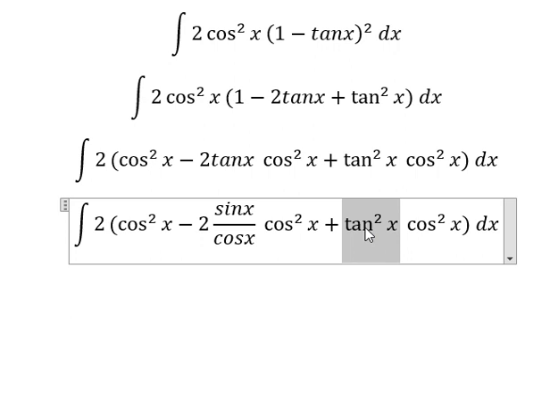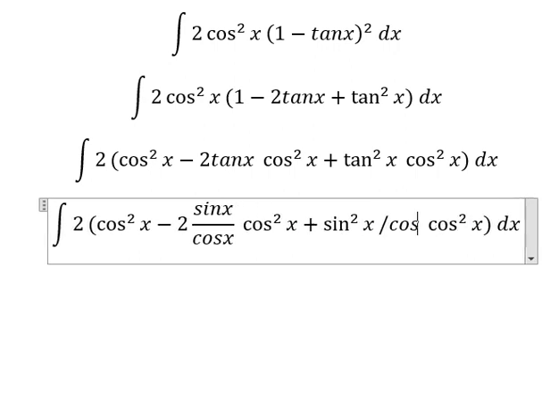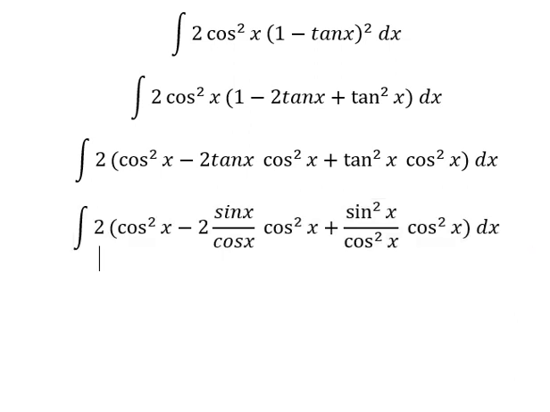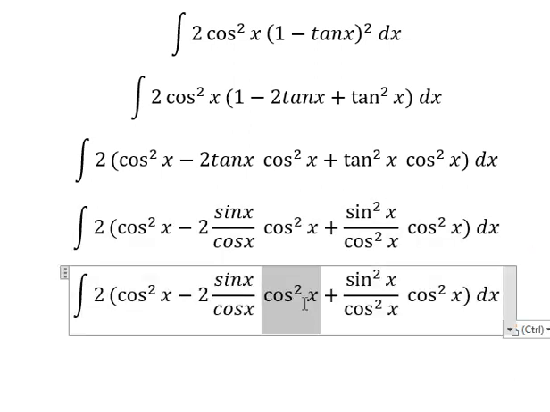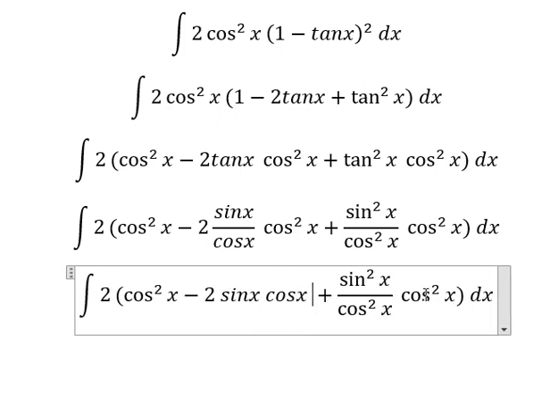This one is sine x squared over cosine x squared. So cosine x squared is simplified by cosine x squared. This one and this one we simplified.